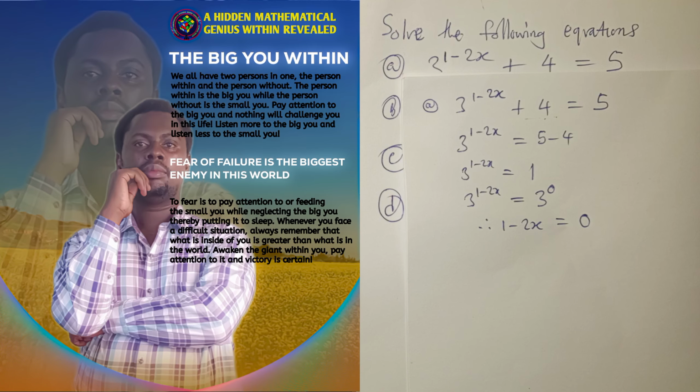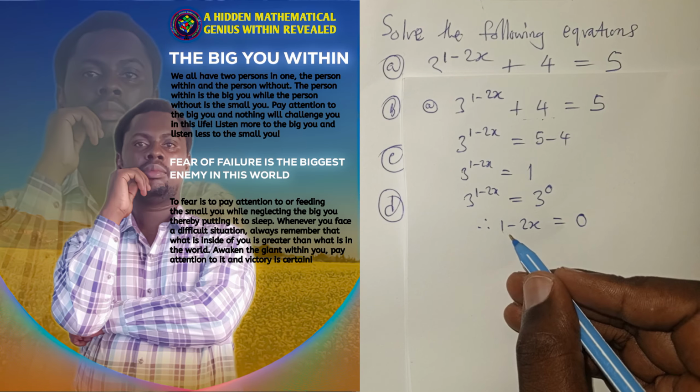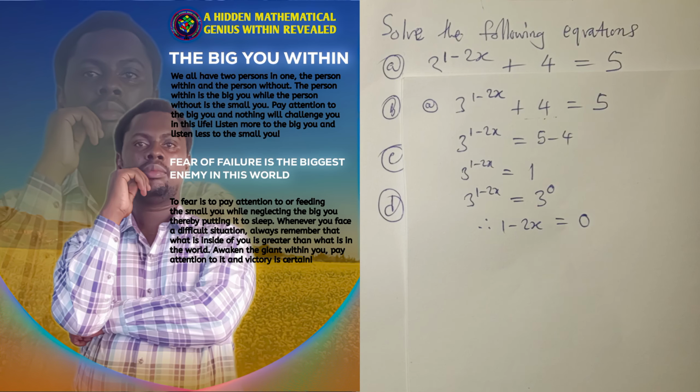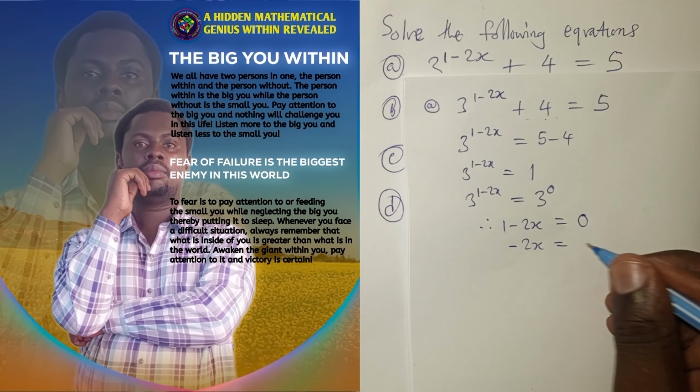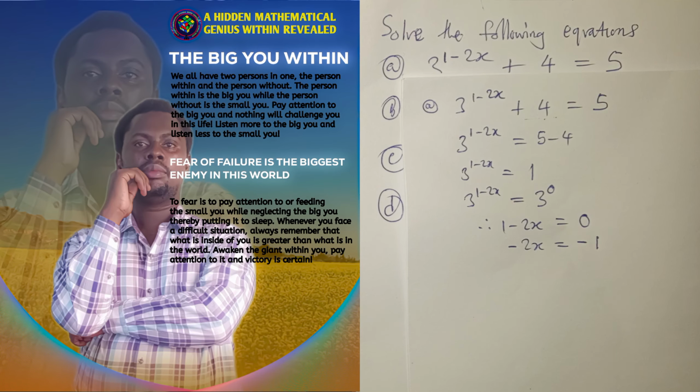Then we solve for x. Anything that doesn't have an x, you take it the other side of the equation. So here we have a positive 1. This side it will be a minus 1. So we are going to have minus 2x is equal to minus 1.